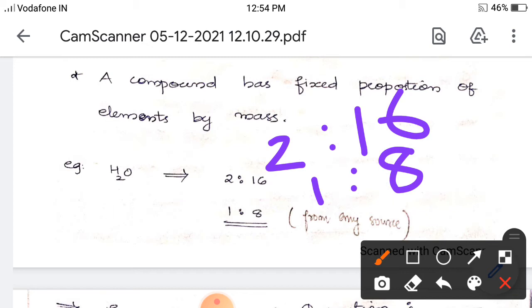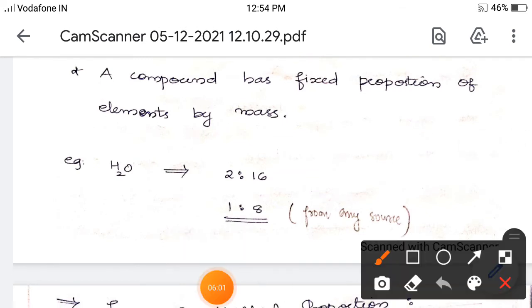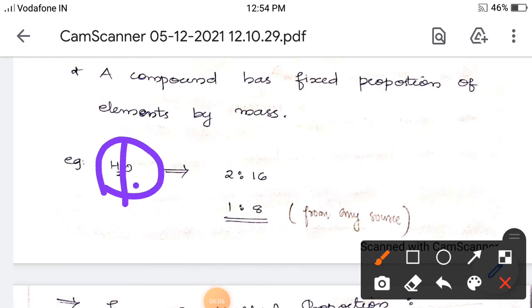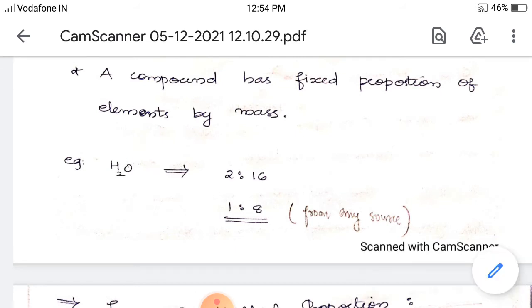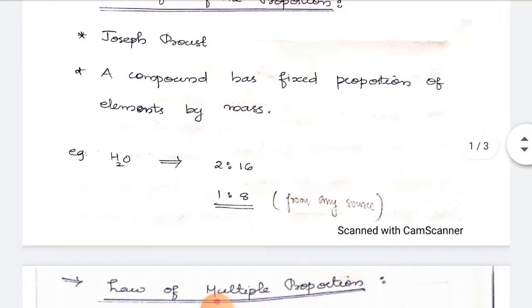The masses of hydrogen and oxygen are in a fixed proportion, 1:8 or 2:16, if we take from any source. A compound has a fixed proportion of elements by mass. That is the law of definite proportion.